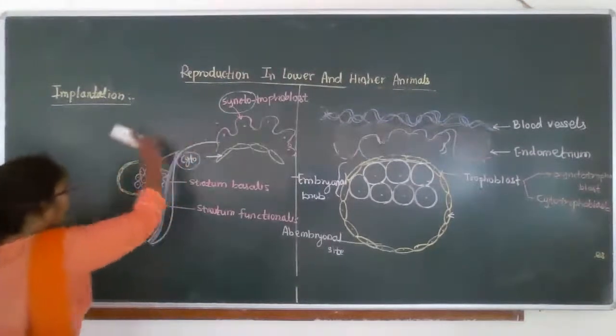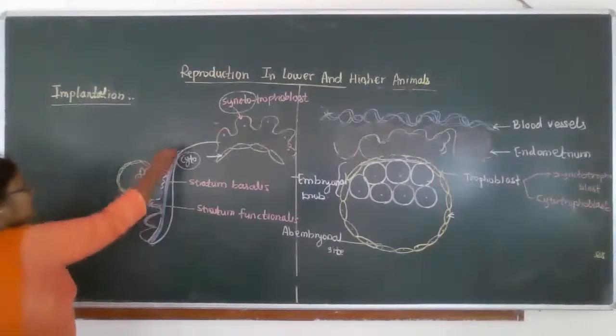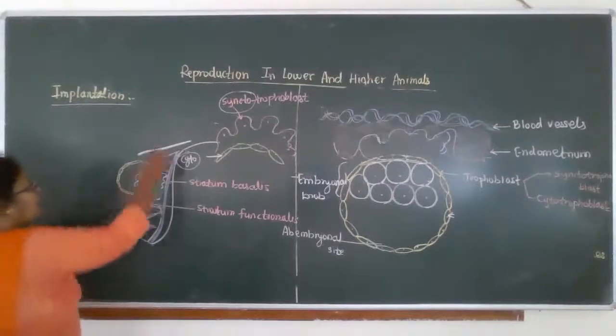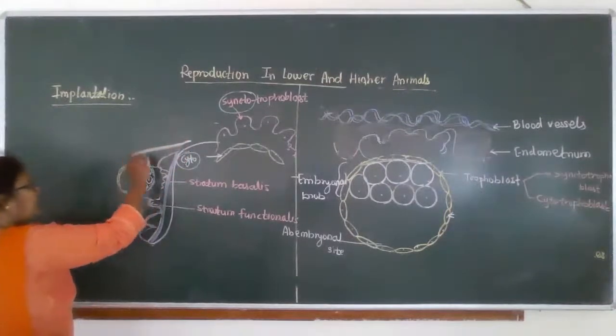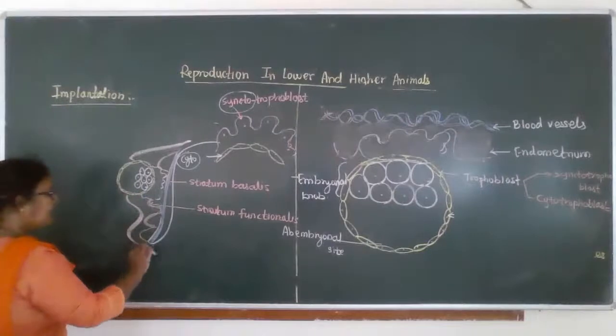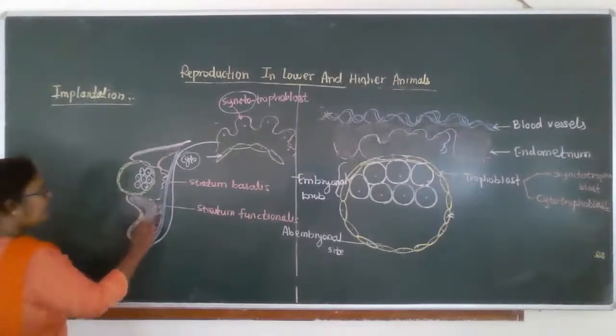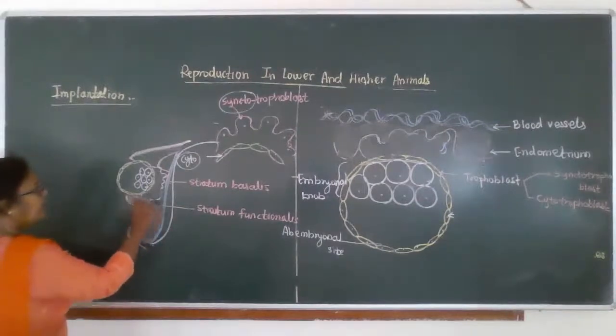Suppose. Now what happened? It enters inside. It moves to the inner side. Okay. Now I'm showing the thickened endometrium, and it moves to the inner side. Okay, it digests this endometrium.